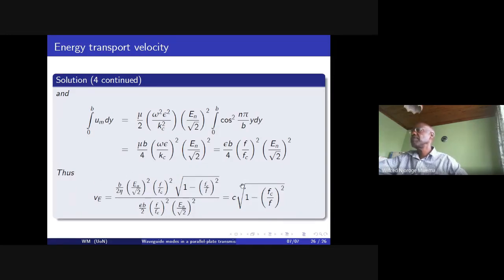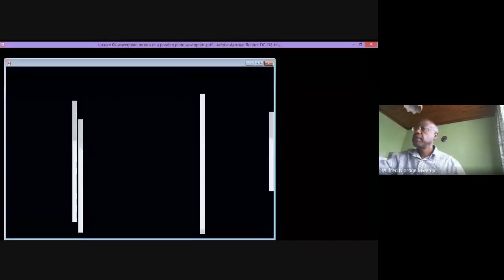It's going to be different. And therefore you can keep that in mind. Okay? For the case of lossless guides, the group velocity Vg and the energy velocity Ve will be the same. And that brings us to the end of that particular point.